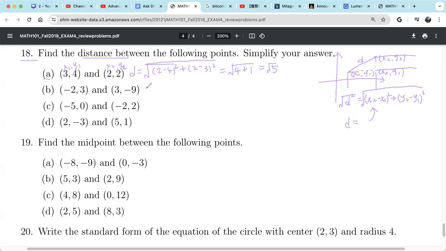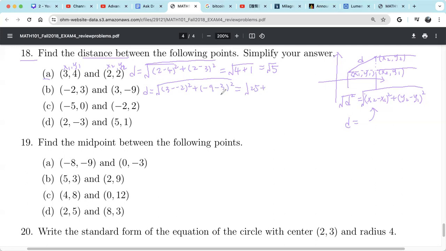So B, similarly, we do the difference in x, 3 minus negative 2, squared, plus the difference in y, negative 9 minus 3, squared. In this case, 3 minus negative 2 becomes 3 plus 2, so 5. 5 squared, 25.